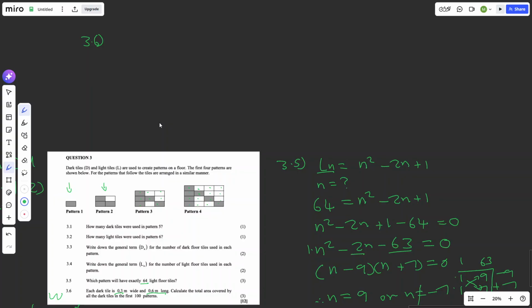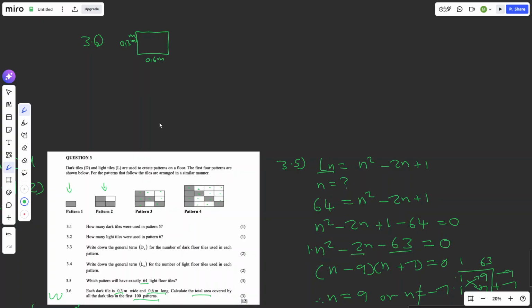Okay, so we'll have this tile, 0.6 meters long and 0.3 meters wide. So that's one tile, right? Now we want to calculate the total area covered by all dark tiles in the first 100 patterns.